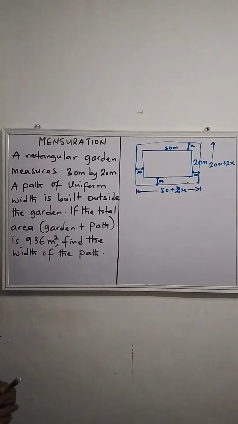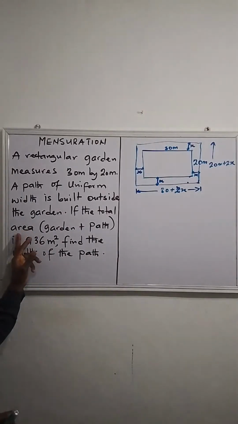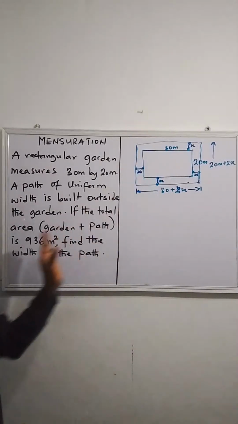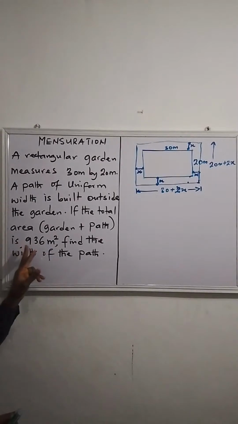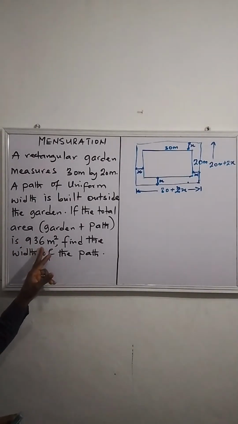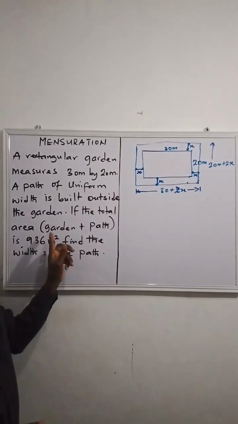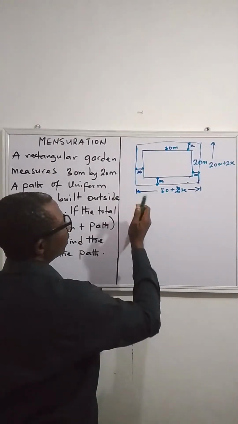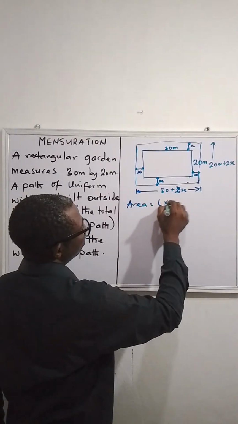All right. So now the question says that if the total area, after adding the width, the total area of the garden and the path is 936. So that means the total area of this is this. These have a shape of rectangle, so I can simply write area equals length times breadth.